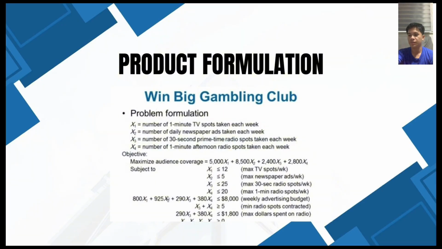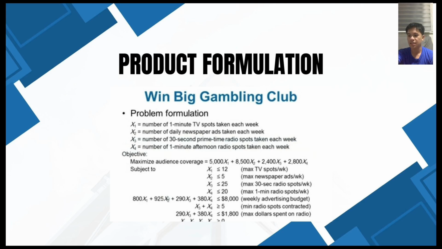Then 800 times x sub 1 plus 925 x sub 2 plus 290 x sub 3 plus 380 x sub 4 is less than or equal to $8,000, their weekly advertising budget, all of which is in the description.